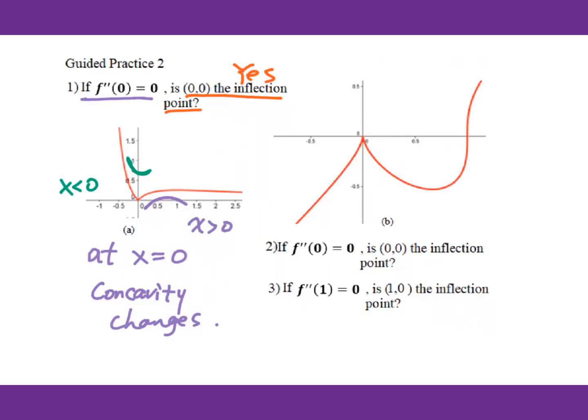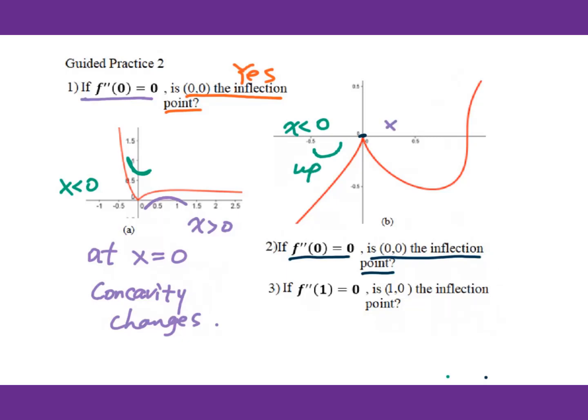For number 2, if the second derivative of f at 0 equals 0, is (0, 0) the inflection point? Let's check concavity. For x less than 0, the graph is concave up.